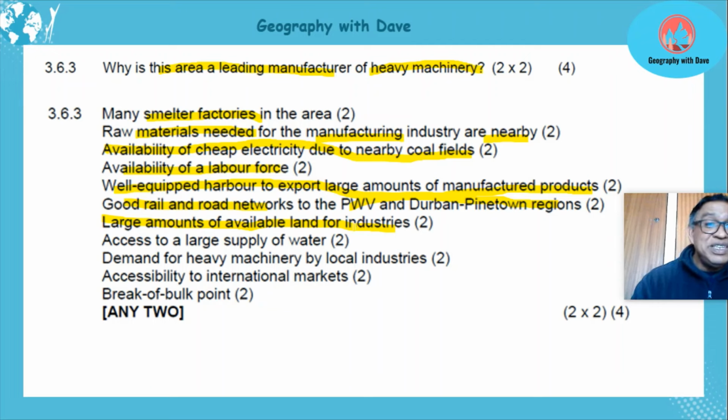Can you see? Access to large supply of water. Demand for heavy machinery in the industries, accessibility to international markets. It's a break of bulk point, that you've done in your section of types of towns, etc. But within this, you could give the majority of the answers, yet only two were required.